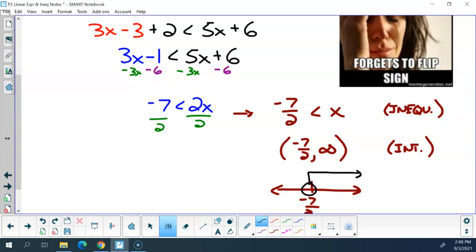We can represent the solution in one of those three ways. If this were a test in 2 weeks, we would probably say, give us the interval notation for the solution. Or you might say, graph the solution. Or you might say, give us the inequality for the solution. But those all three say the exact same thing.